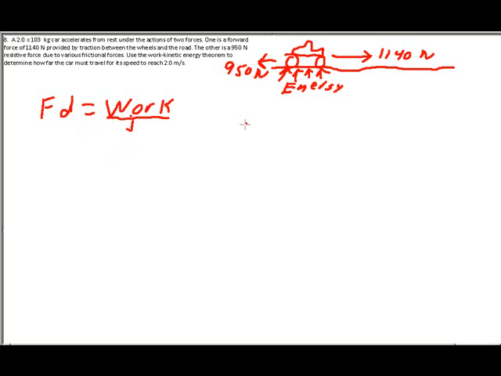The work energy theorem says that the amount of work that is done is equal to the kinetic energy final minus the kinetic energy initial.